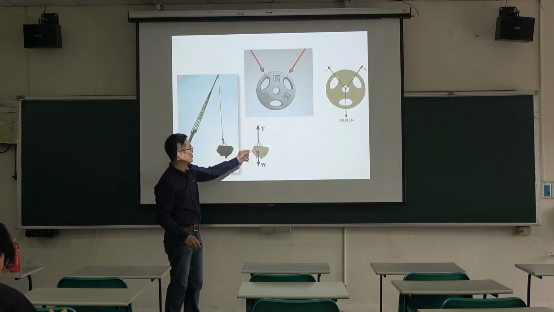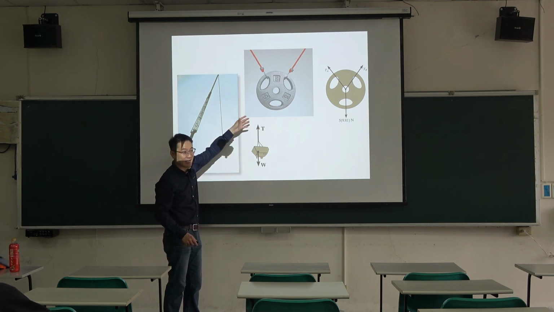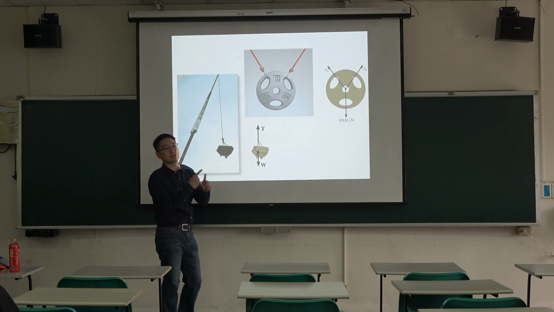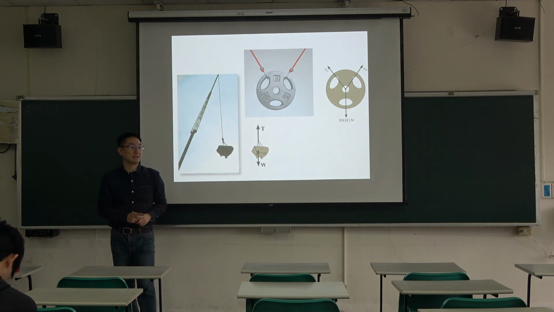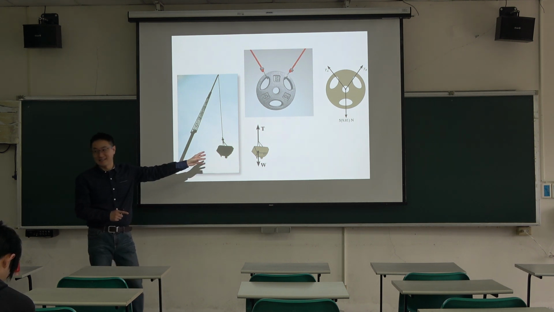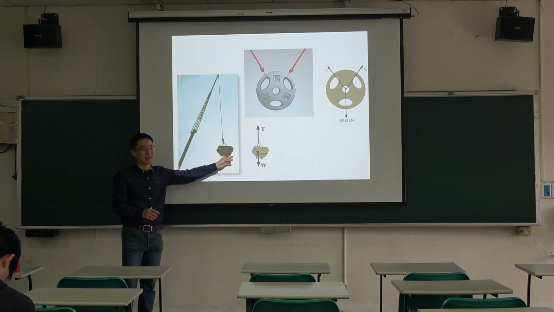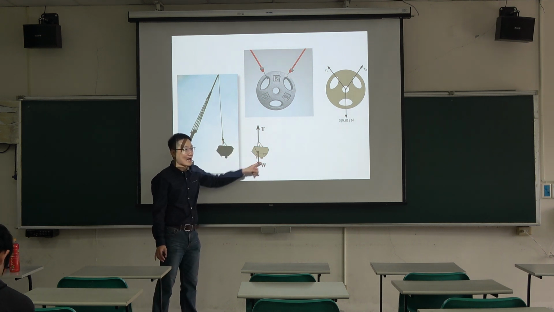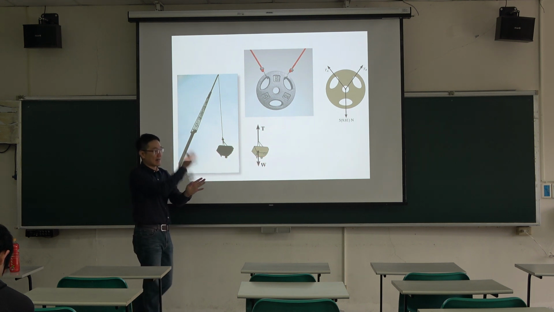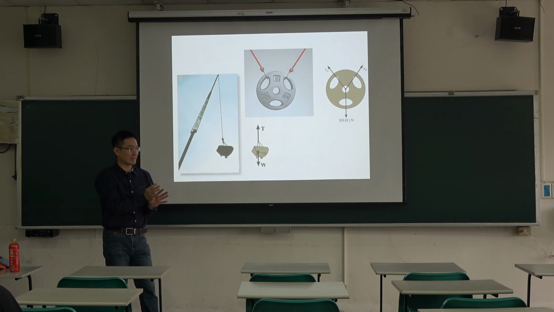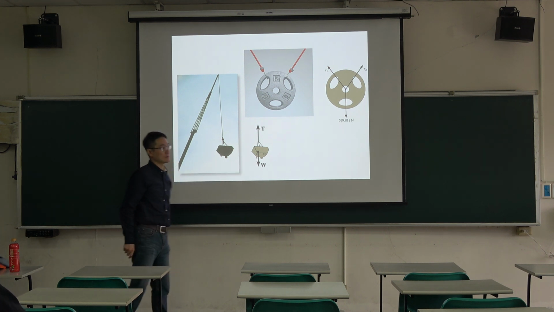Then you change to the other direction, lift again, and find the other vertical straight line. The intersection of these straight lines is the center of gravity. Do you remember this concept? No? Only a few of you nod your head. Anyway, we change direction to lift this object, and the intersection of the lines, which is this joint, is the center of gravity.